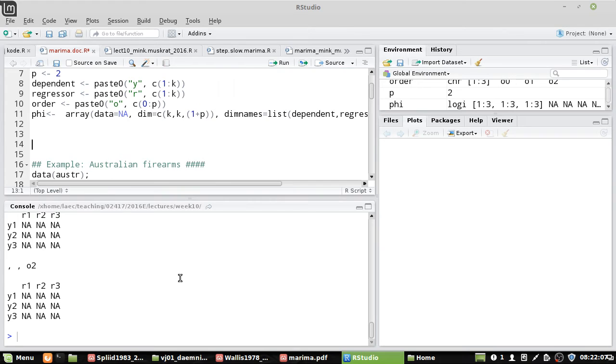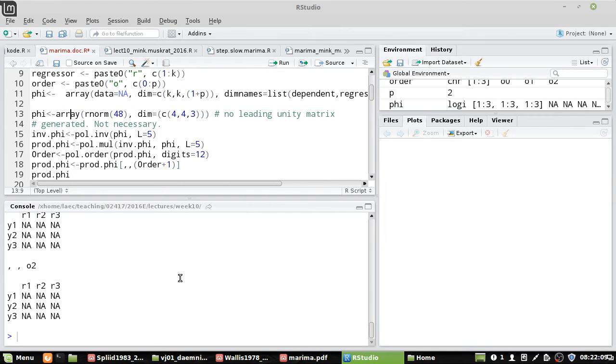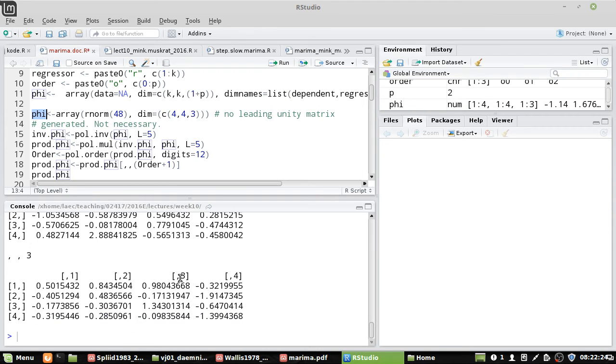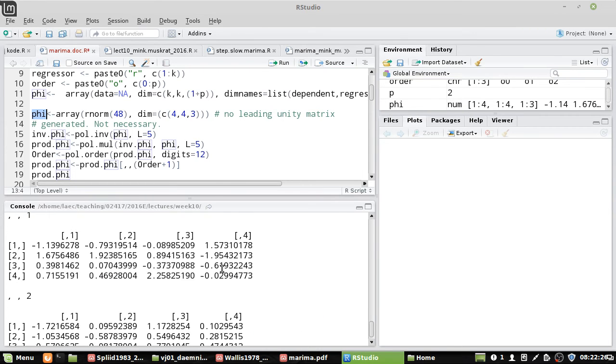So if I just copy this over here, I will generate some random numbers, without a leading identity matrix at first. If I take this polynomial, it looks like this, just some random coefficients.